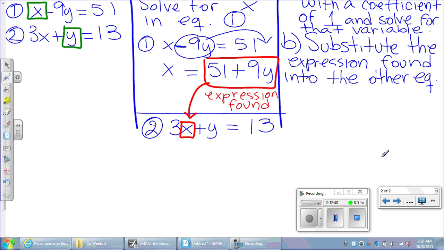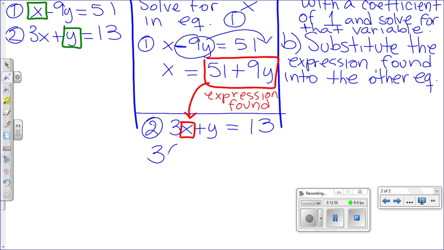So then we will have something like 3 times the expression found, 51 plus 9y. And then what am I forgetting before the equal sign? Y. So plus y right here. And then is equal to 13.